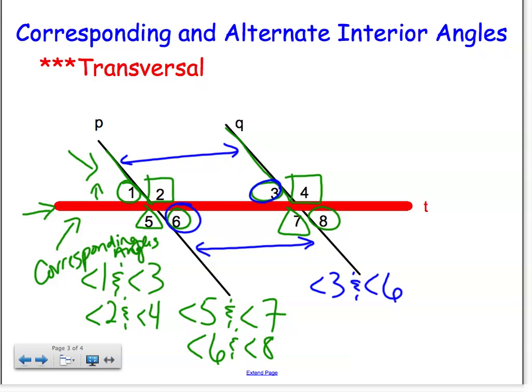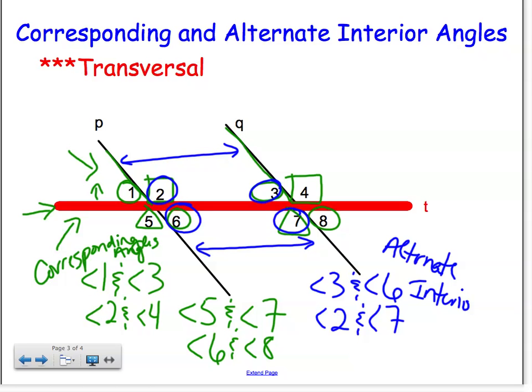I also see that 2 and 7 would be alternate interior angles. At any point, if you have questions, just go ahead and pause and raise your hand. I'm here to answer them for you.